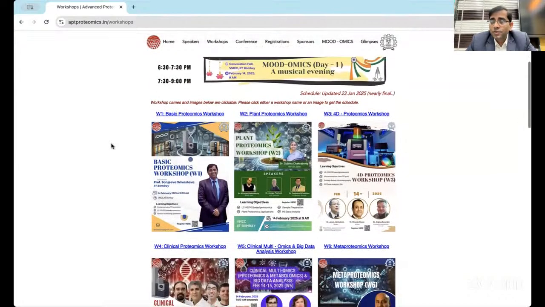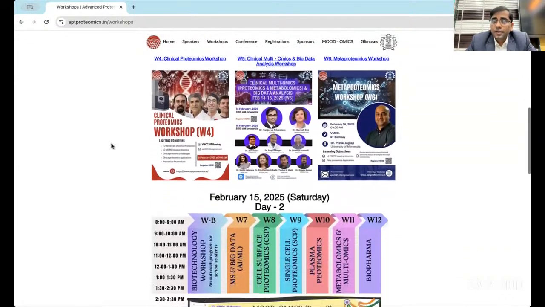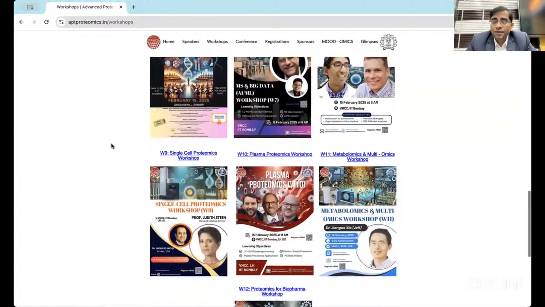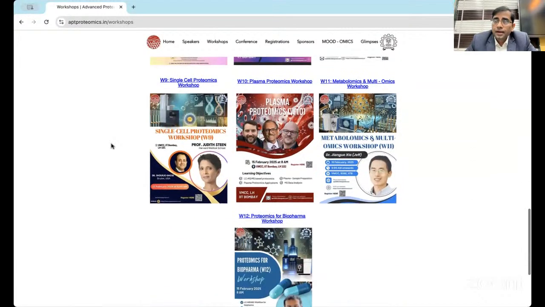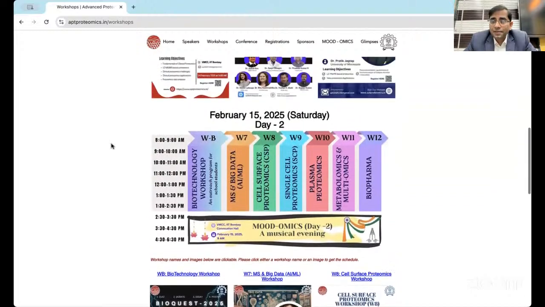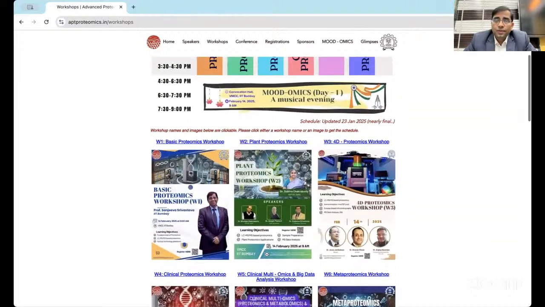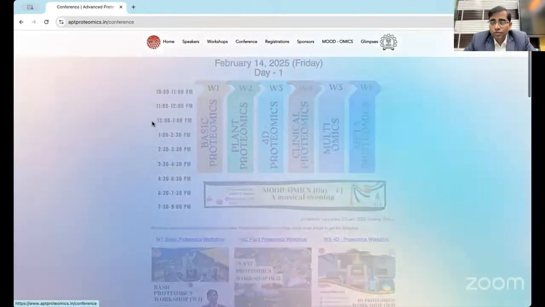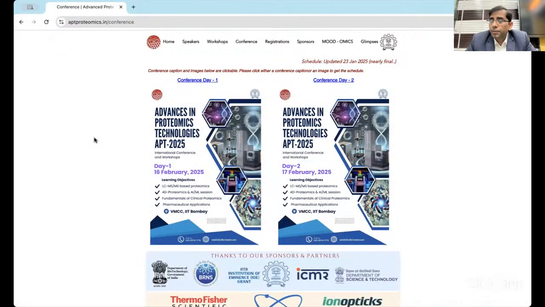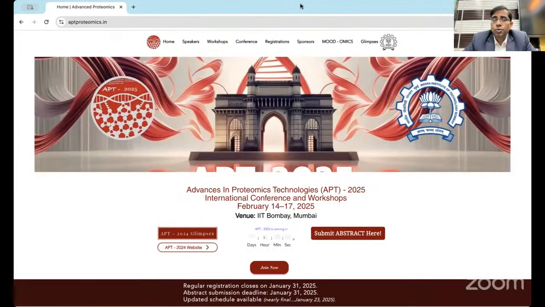We are going to conduct almost 12 workshops from 14 to 17 February, the Advances in Proteomics Technology (APT) workshops, as well as a 2-day conference. This gives you the opportunity to come to IIT Bombay as part of this event. And later on, if you perform very well in the course, you can be given the opportunity to come and do longer training and be part of the internship programs.